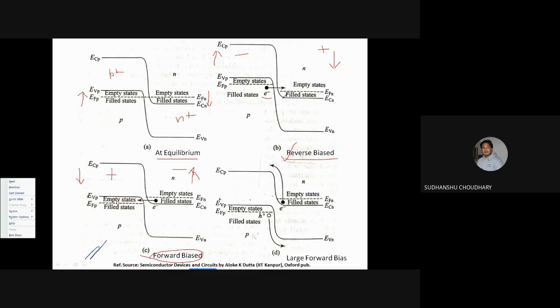So now the empty states are in front of the filled states. So again, quantum mechanical tunneling of electrons from n side to p side can happen. So quantum mechanical tunneling from n side to p side happens when a forward bias is applied.